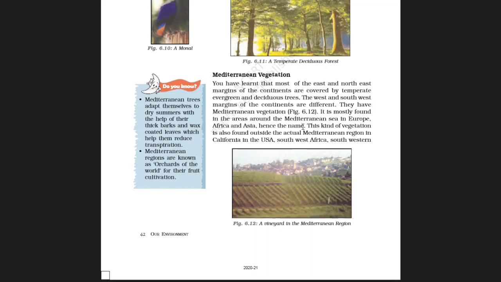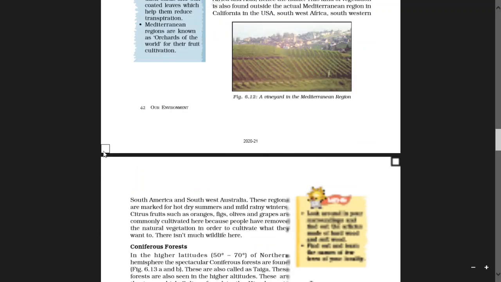This kind of vegetation is also found outside the actual Mediterranean region, such as in California in the USA, Southwest Africa, Southwestern South America, and Southwest Australia.